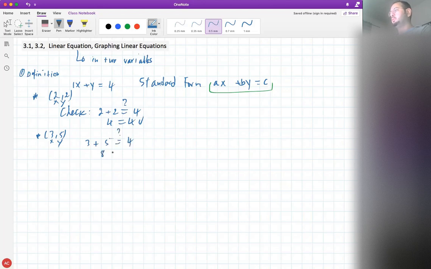Apparently not. This is 8. It's not equal to 4. So this pair is not a solution. But the other one is a solution.